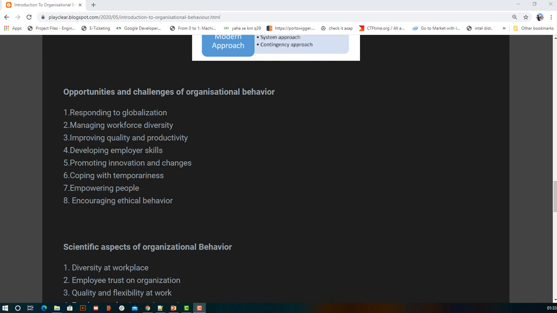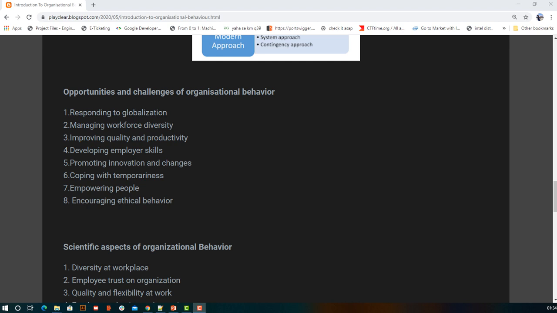Now next is encouraging ethical behavior. The more transparency, the more clear rules there are, and the more direct talking or one-on-one communication happening between the higher levels of the hierarchy and the lower levels. The encouragement happens as if any wrong thing can happen.